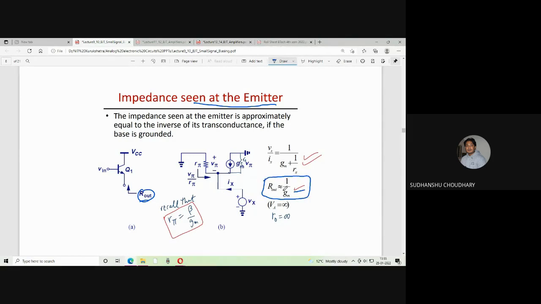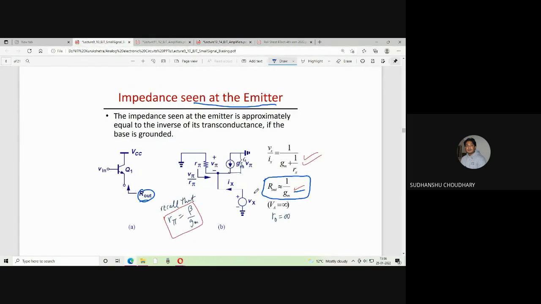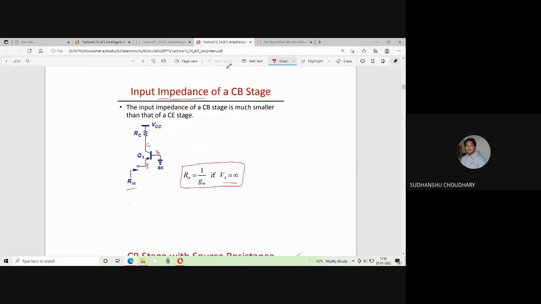The same 1 by Gm is valid for the impedance looking into the emitter for common base configuration also. Here also we have to find the impedance looking into the emitter, and it is the same. So I can say that the input impedance of common base configuration is 1 by Gm when VA is infinite.